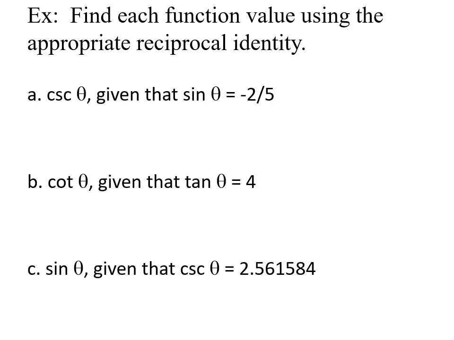So if they were to ask you a problem like find the function value using the reciprocal identity, all they want you to notice is that you can flip each one of them over. Find cosecant if you know sine is -2/5. Well, since cosecant and sine are reciprocals, all I gotta do is flip it over and make it -5/2. And that's all you do.